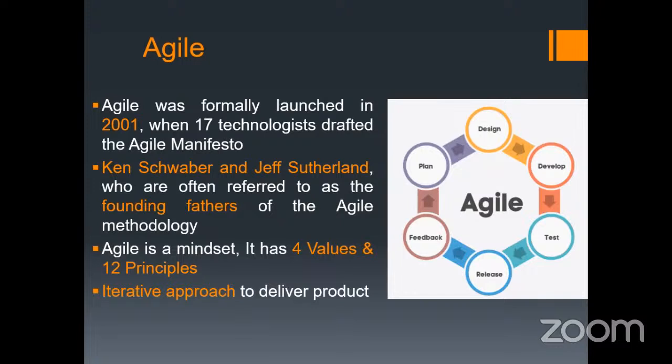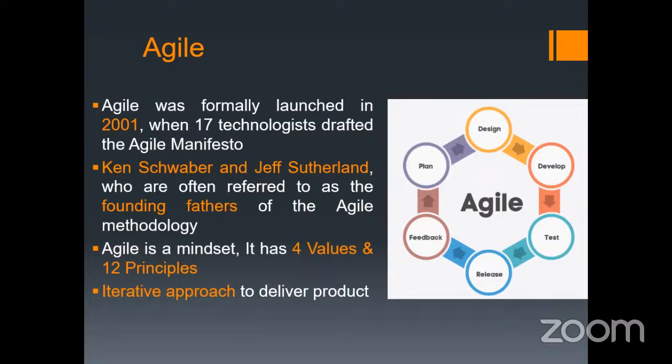Before starting agile, I have given you the explanation about SDLC, as we must know what was before agile. Before agile, it was SDLC and the waterfall model. There are certain lacunas in the waterfall model, so there is scope to have something better than the waterfall model.